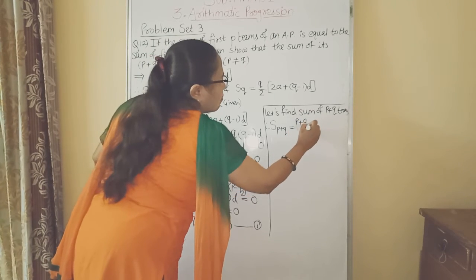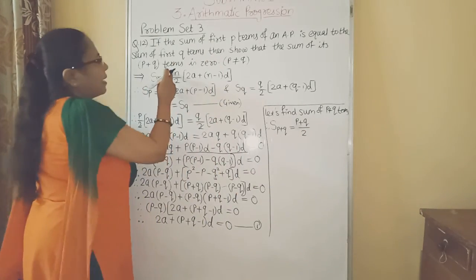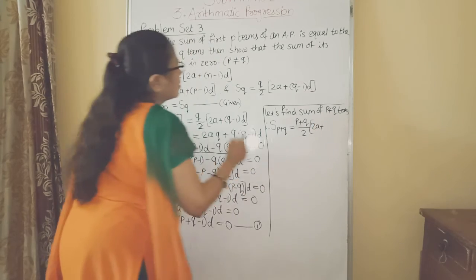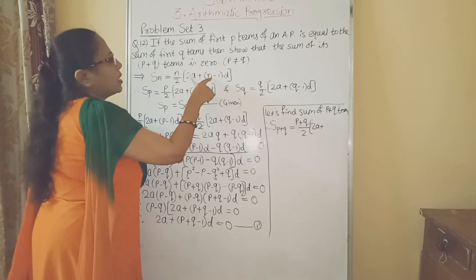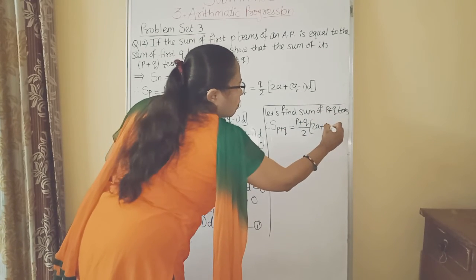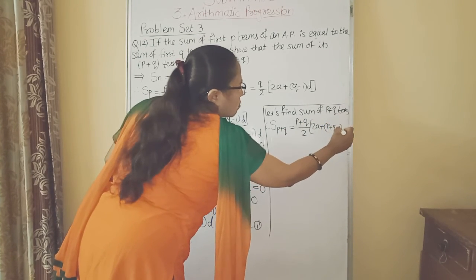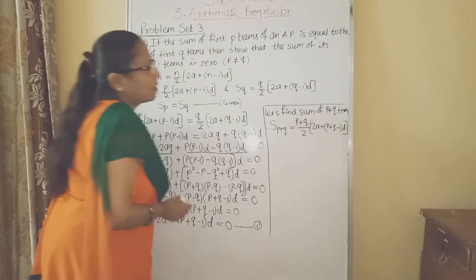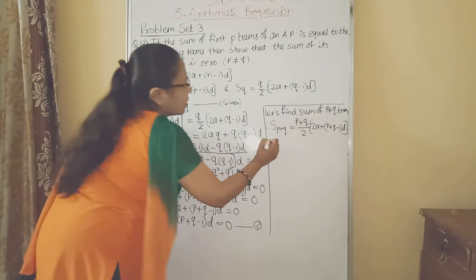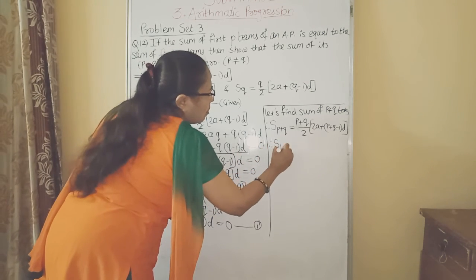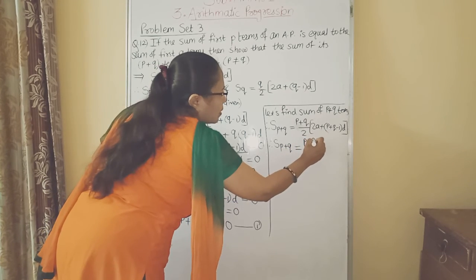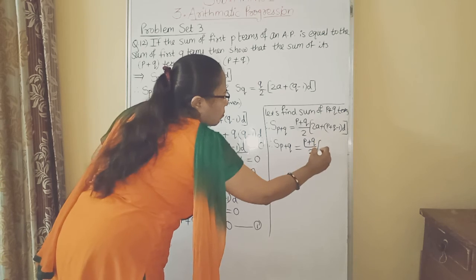p plus q divided by 2, n divided by 2 into bracket 2a plus n minus 1 into d, and instead of n what we have to take? p plus q. So p plus q minus 1 into d. Followed how we calculated sum of p plus q terms? Okay. Therefore, sum of p plus q is equal to p plus q upon 2 into bracket.